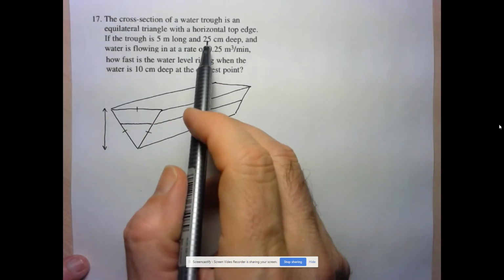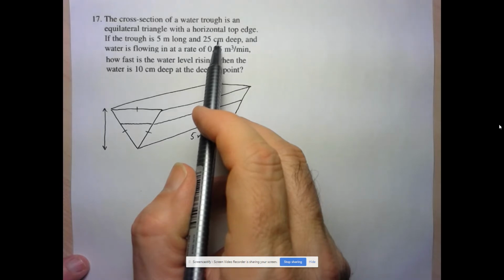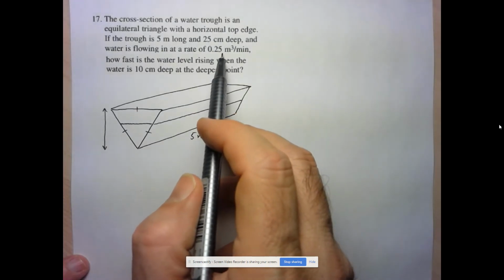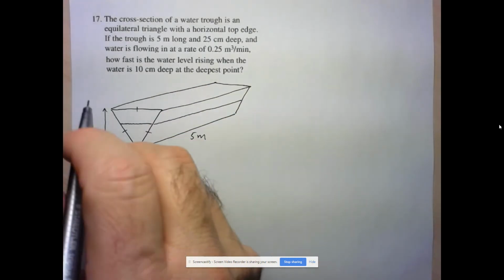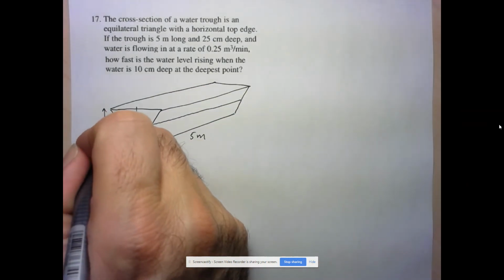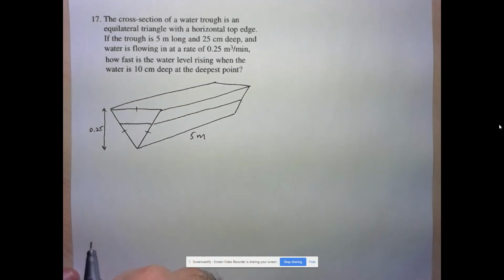I think it's easier to turn 25 centimeters into meters than to turn 0.25 meters cubed into centimeters cubed. So I'm going to turn 25 centimeters into 0.25 meters and do the whole problem that way.